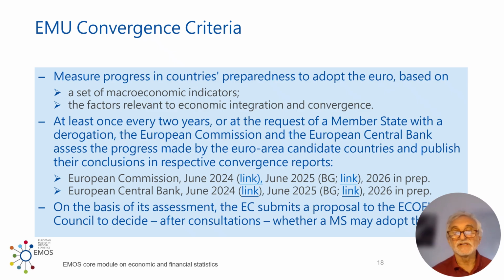So at least every 2 years there is the assessment of those EU countries who are not yet part of the euro. They are being assessed whether they are economically ready to join the euro area.